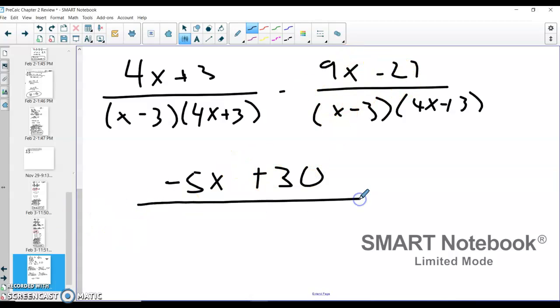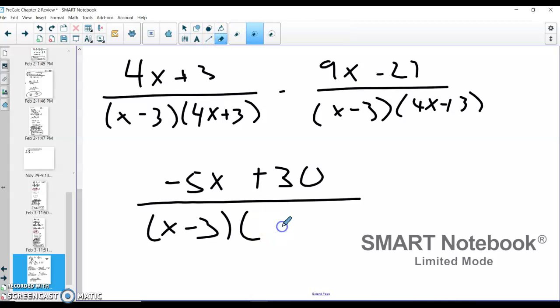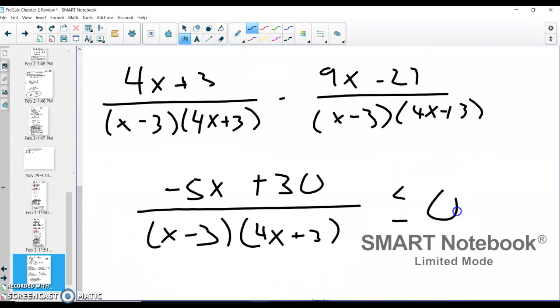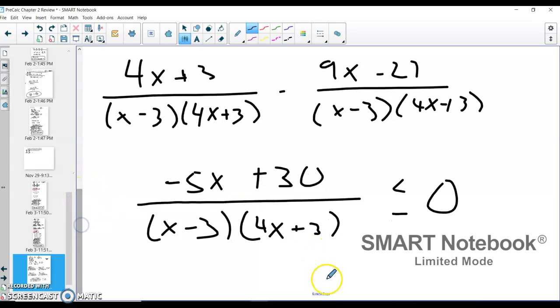And then I have x minus 3 times 4x plus 3 in the denominator, and this is going to be less than or equal to 0. If I factor out a negative 5, it's not going to do anything, can't cancel anything out, so we're just going to go with this.